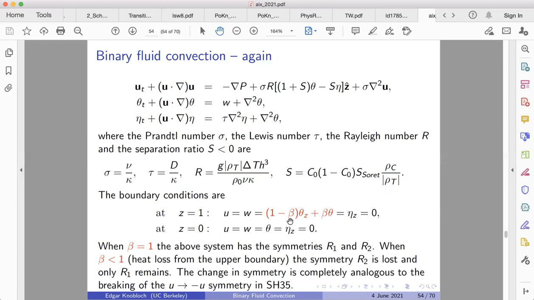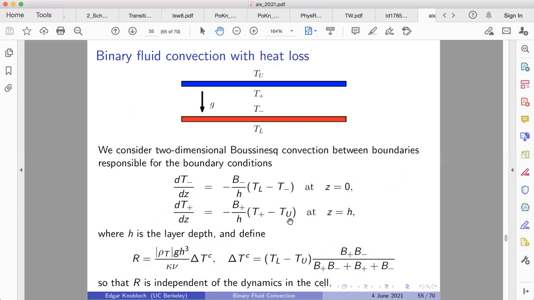That breaks the U goes to minus U symmetry in the same way as in the Swift-Hohenberg example. You have to redefine a little bit the Rayleigh number because the temperatures are fixed outside the boundaries.